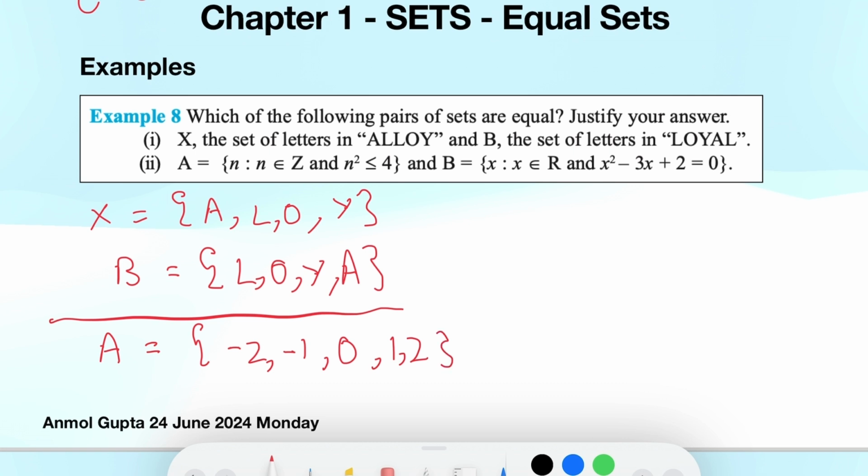And solving for B's equation, x square minus 3x plus 2 is equal to 0.